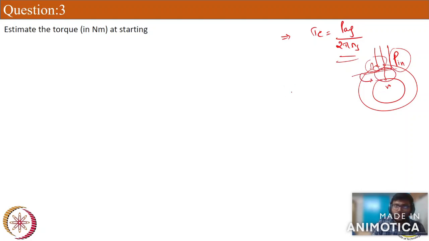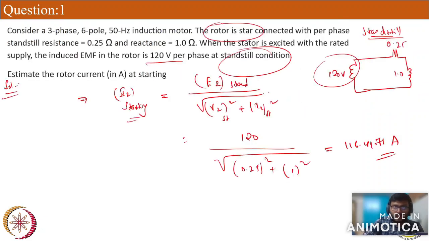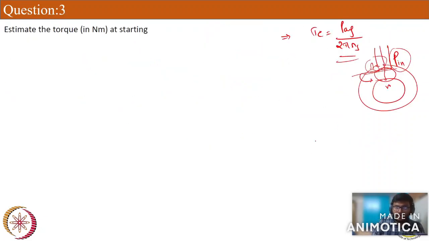So if you see the equivalent circuit here, I will write it here only. Now I have some stator, and then I have the rotor here, and this is my stator supply, and this is the stator circuit, and here we have applied the Thevenin's theorem, right?